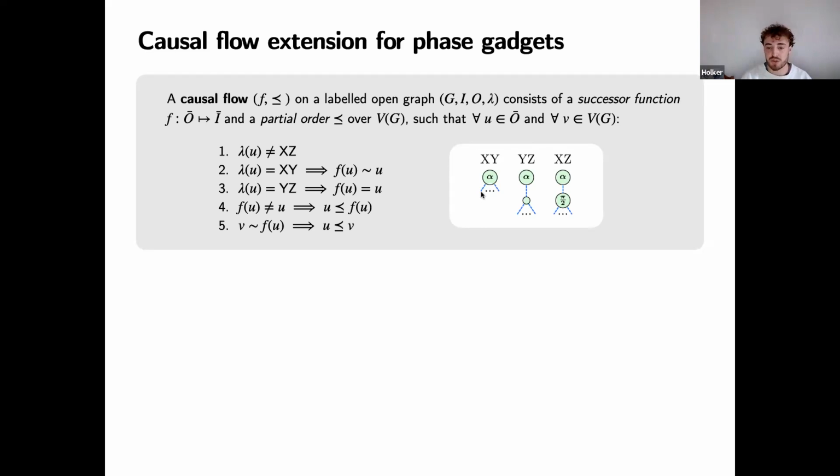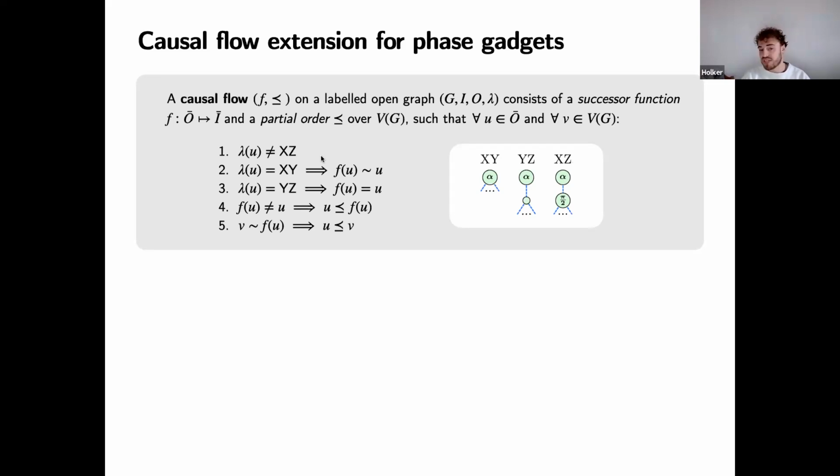So these are different measurement planes in measurement-based quantum computing, but all normal vertices in a graph-like ZX diagram will be labeled with XY, as in the XY measurement plane, and then phase gadgets are measured in the YZ plane, and this structure here is measured in the XZ plane. And we can't define a causal flow for something with this structure.